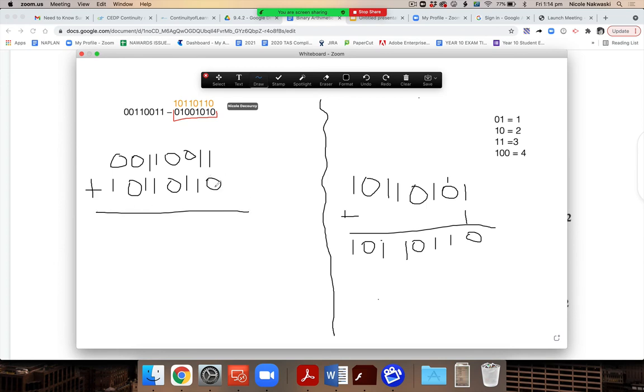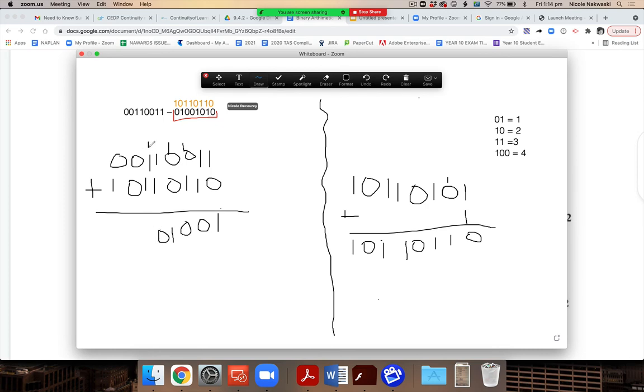Whooshka. 1 plus 0 is 1. Ooh, Nick close. 1 plus 1 is 2. 0, carry the 1. Remember, 2. 1 plus 1 is 2. 1 plus 0 plus 1 is 2. 0, carry the 1. 1 plus 0 plus 0 is 1. 1 plus 1 is 2. Carry the 0.